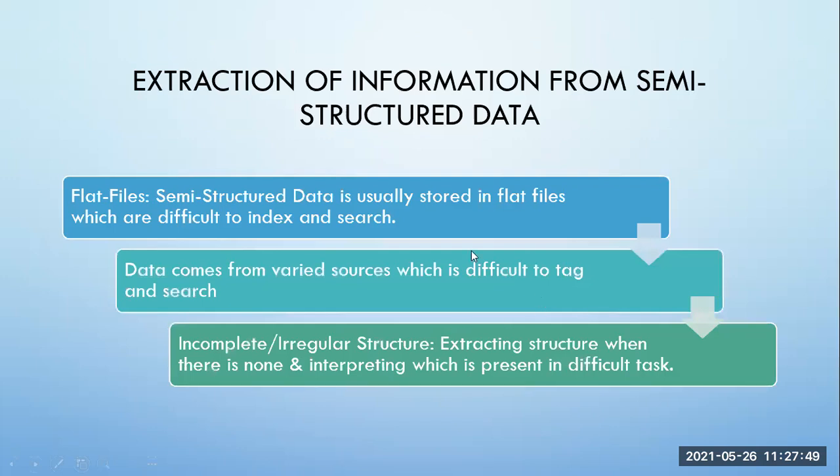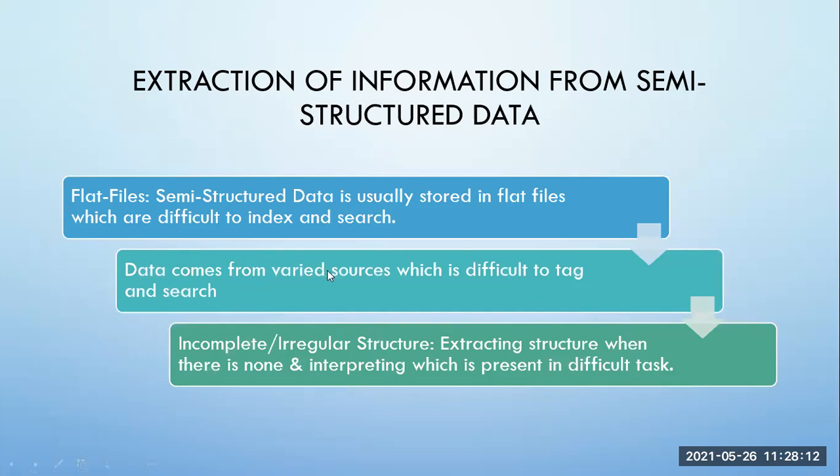See here, this is the information on extraction of information from semi-structured data. It is usually stored in flat files, which are difficult to index and search. Flat files mean information is stored anyhow. In the same file there are tables, pictures, and metadata information, and that is very difficult.